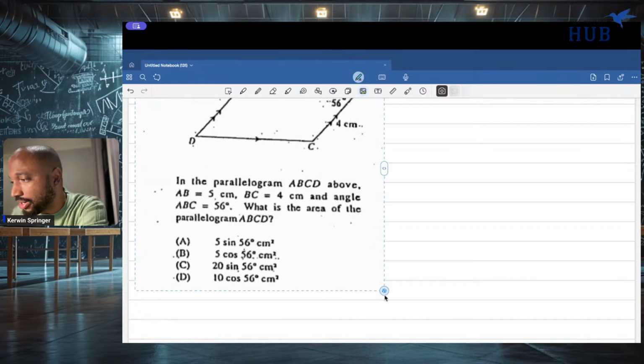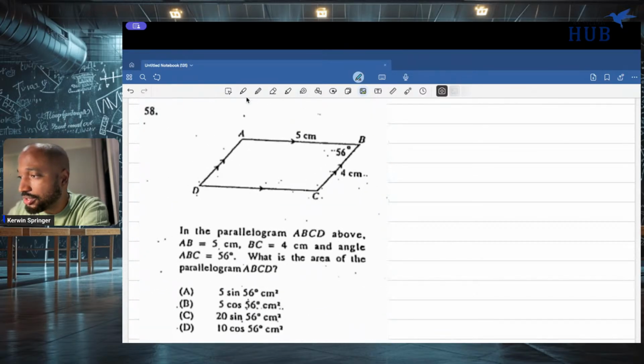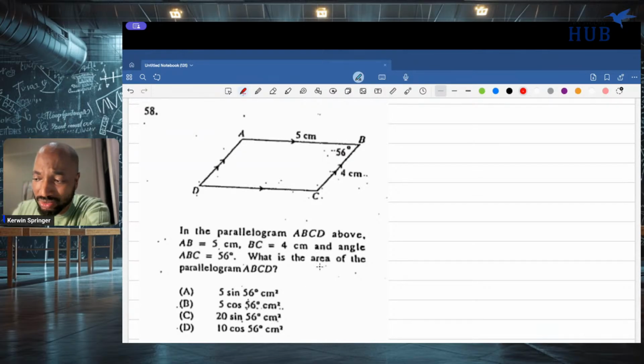In the parallelogram ABCD above, AB is 5, BC is 4, and angle ABC is 56. What is the area of the parallelogram? Let's have a way to figure it out.